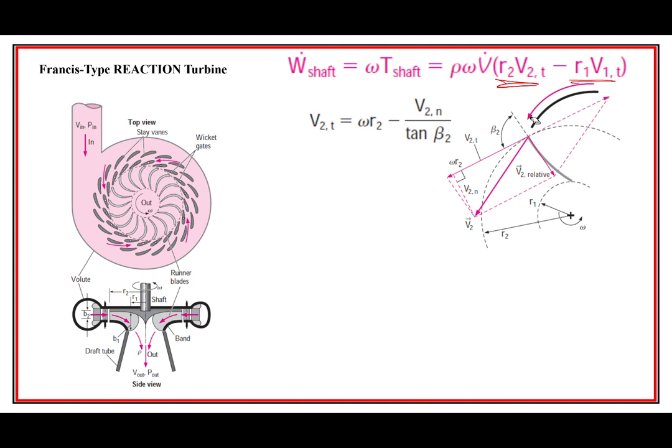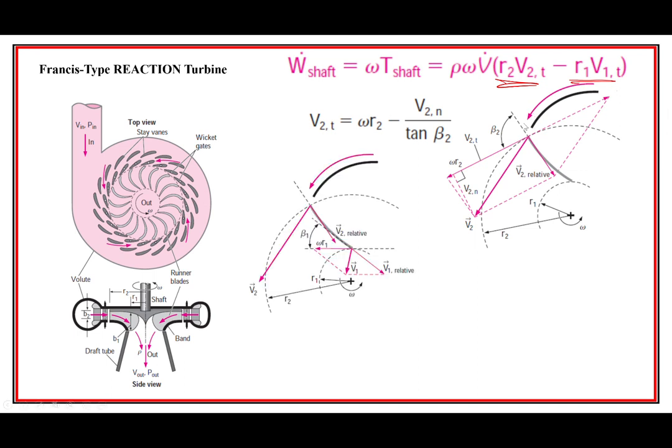And then for the inlet, or not, this is the inlet. Number 2 is the inlet, and number 1 is the outlet, coming towards the inside of this Francis type turbine. We can find the tangential velocity from this relation right there. And once again, we can find these by having a relationship.